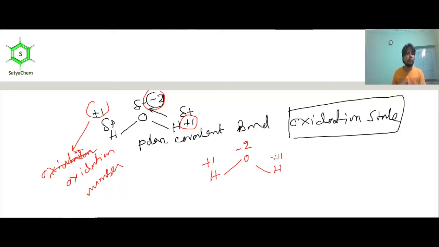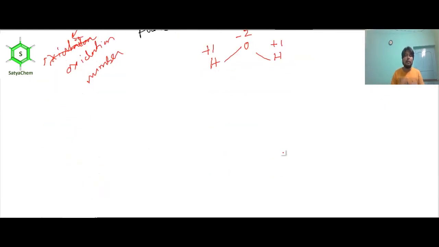Clear? Now let us summarize this oxidation state. We know that this oxidation state is a very interesting thing to explain why chemical reactions occur. That we'll discuss later, but we have to summarize whatever I have said now in a very simple, more simple way.